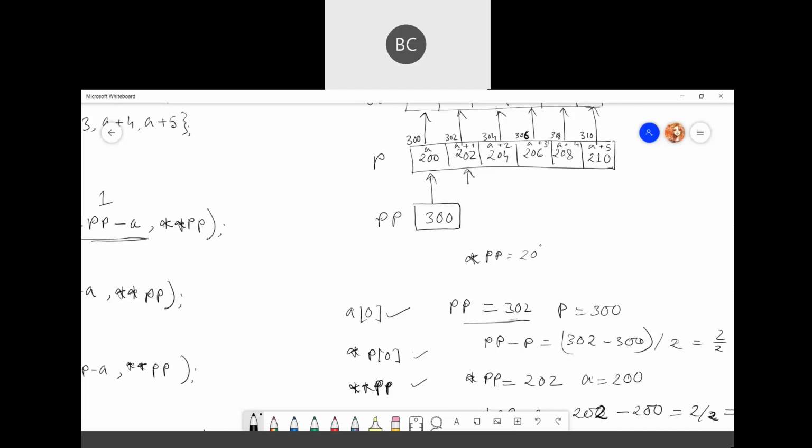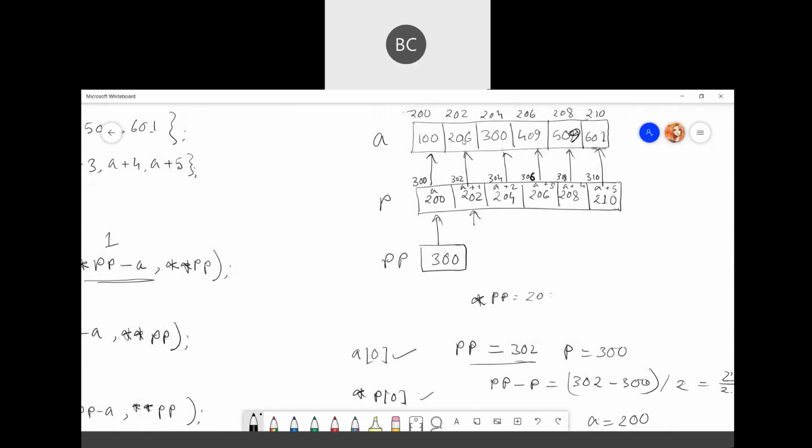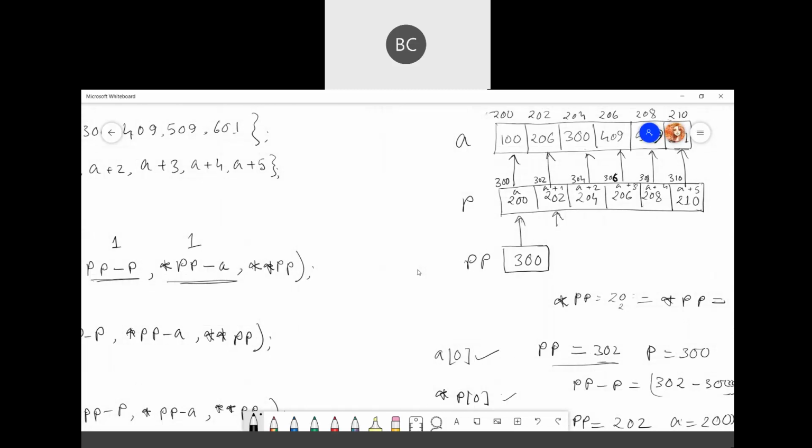Then it is pointing to 202, right? But what will be the value of 202? Which is pointing to the value of 6. So this is just the address. So double pointer PP will be 206. Okay, so this value will be 206.